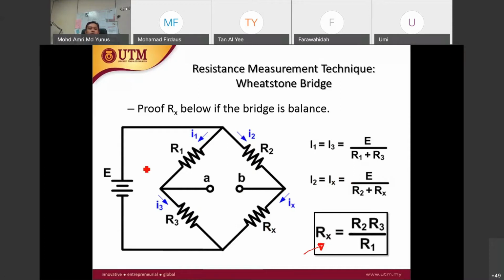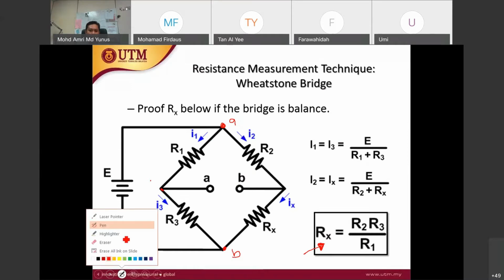So we know that this is the power supply. Let's say this is point A. We take this as B, C, D. Sorry, let's redo that again.